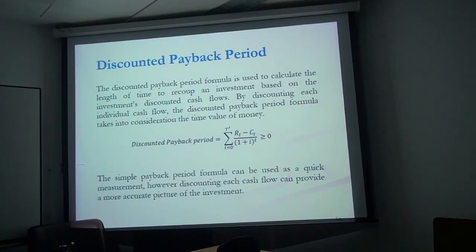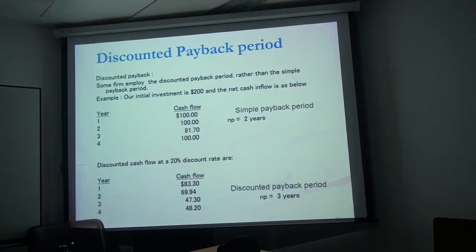So in the next example we are going to show you the discounted payback period and the simple payback period. Let's see this example. We have an initial investment of $200, and the net cash inflow is as given here.